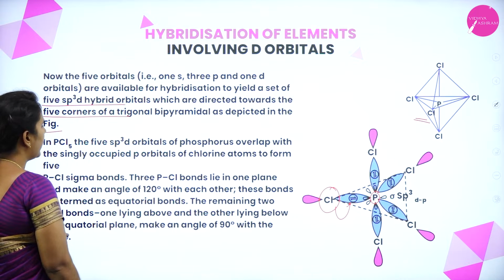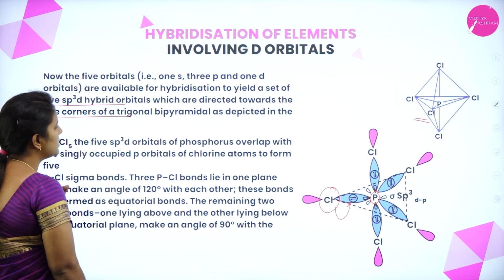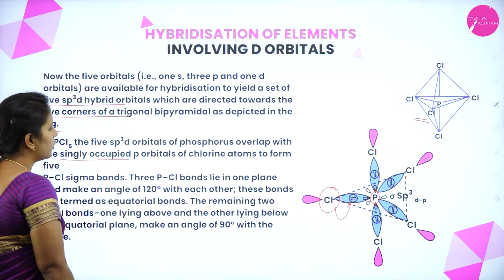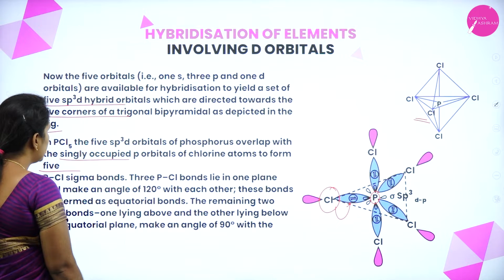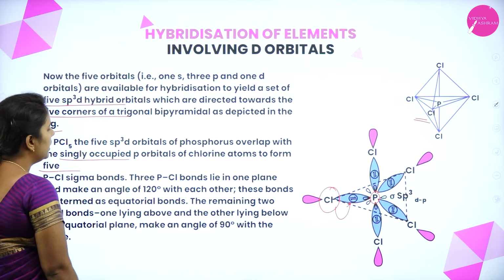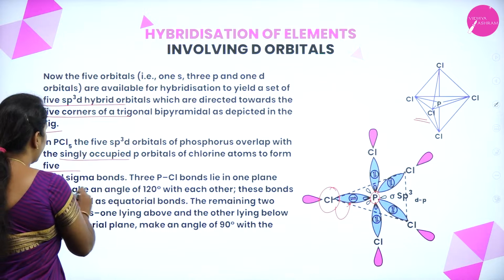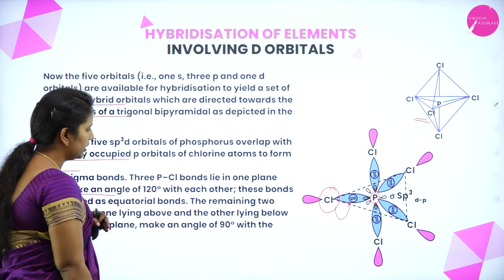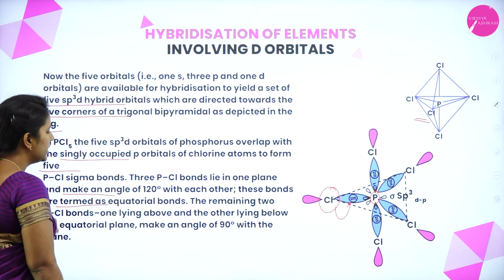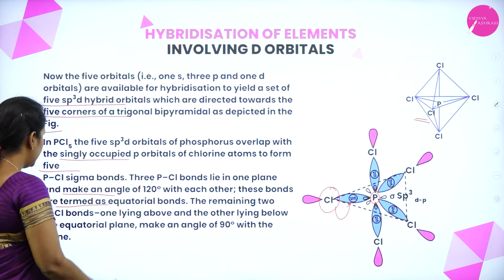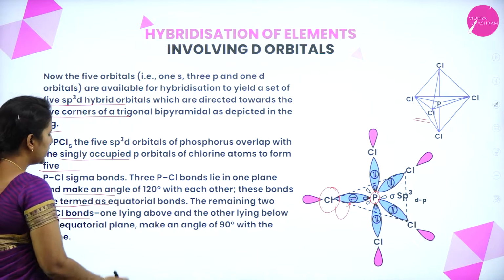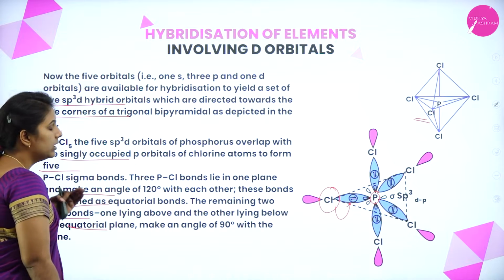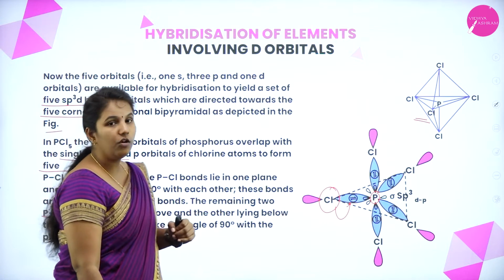In PCl5, the 5 sp3d hybrid orbitals of the phosphorus overlap with the singly occupied p orbitals of the chlorine atoms to form P-Cl sigma bonds. 3 P-Cl sigma bonds lie in one plane with a bond angle of 120 degrees with each other, and these bonds are termed equatorial bonds. The remaining P-Cl bonds lie just above and just below the plane, known as axial bonds, with a bond angle of 90 degrees.